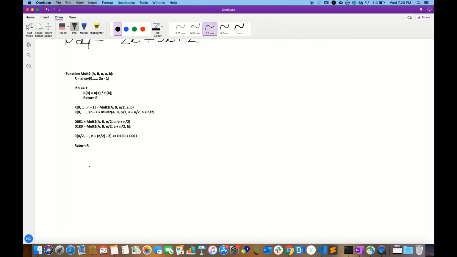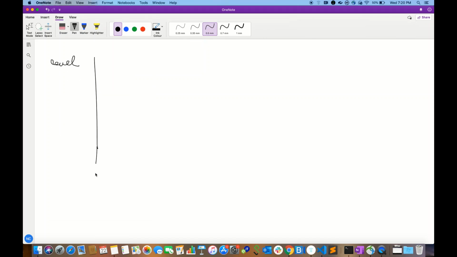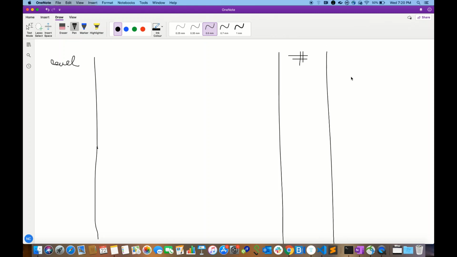Since we are dividing it into halves in each part, it will be of tree structure. So let's represent it by level. In between we will draw the tree structure, and after that we need to have the number of nodes at each level and the work that needs to be done at each level.